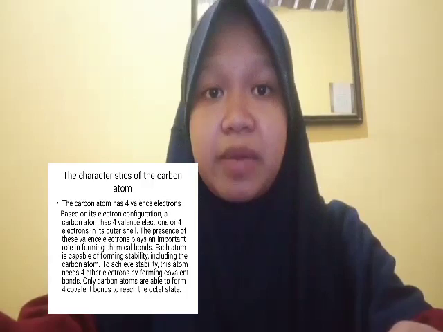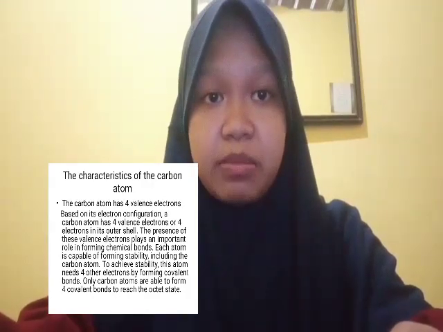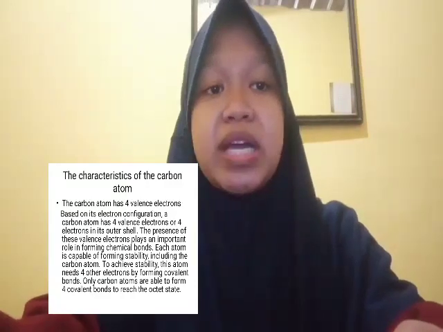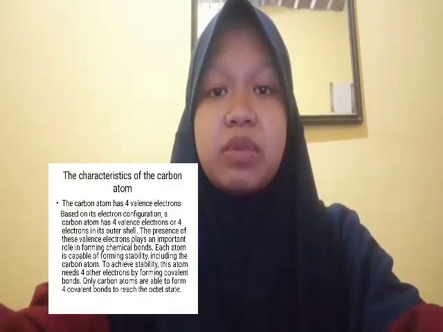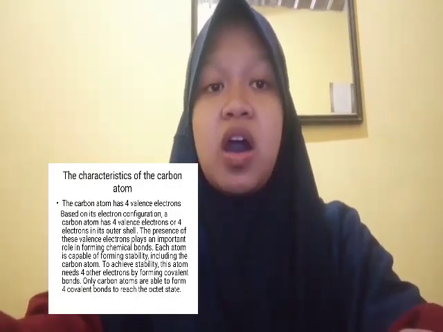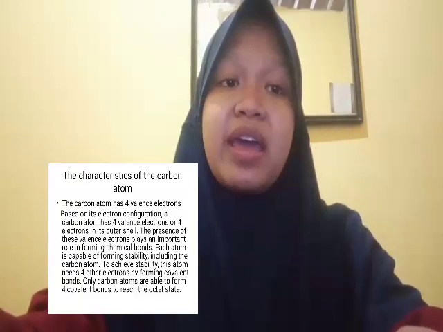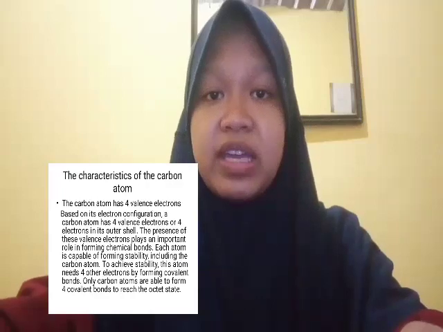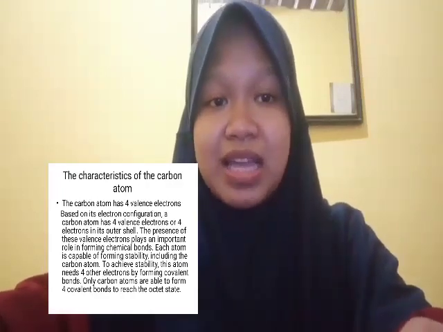Each atom is capable of forming stability, including the carbon atom. To achieve stability, this atom needs 4 other electrons by forming covalent bonds. Carbon atoms are able to form 4 covalent bonds to reach the octet state.